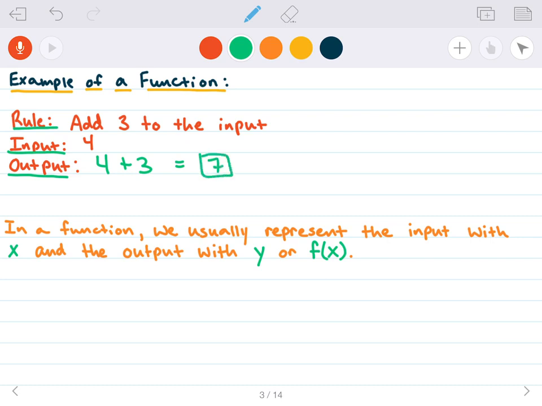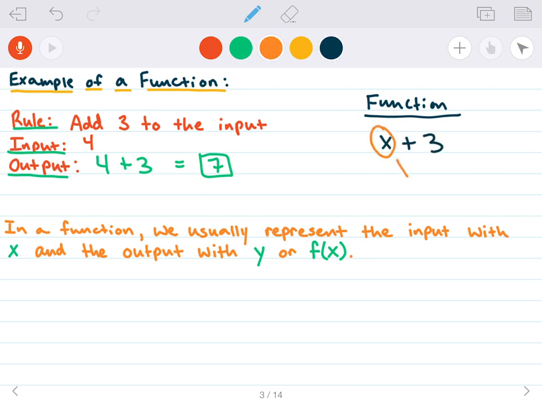If I wanted to talk about adding 3 to any input in general, not just 4, what would I do? One way is to represent the function in a more abstract way. We can say x plus 3 is my function.